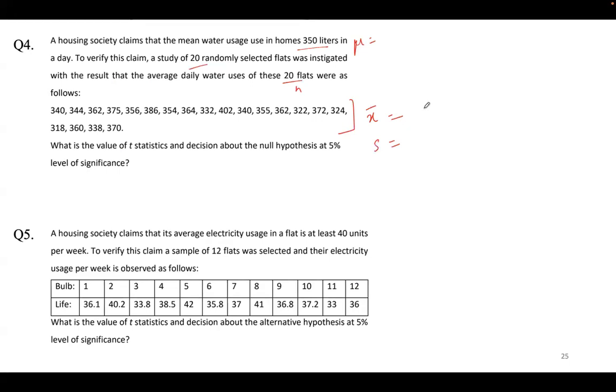So if you calculate the mean here, you'll get 353.8. If you calculate s from here, you're going to get 21.85. Solve the whole thing, you get this t statistic. It's going to be equal to 0.777 something.